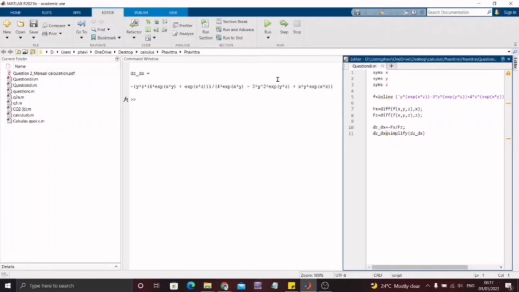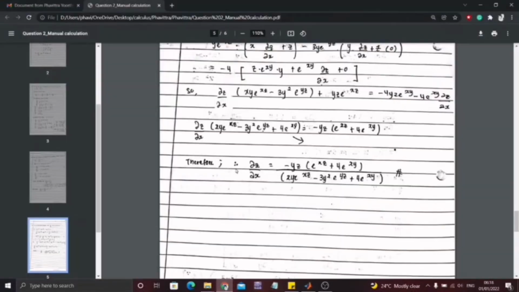So this final answer from the simulation and the manual calculation answer is the same.